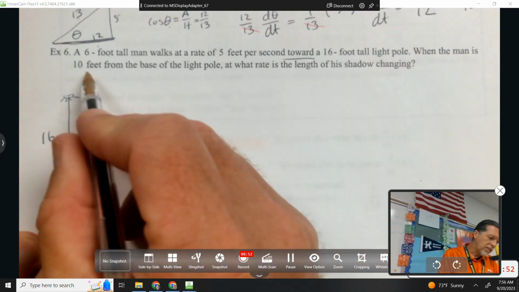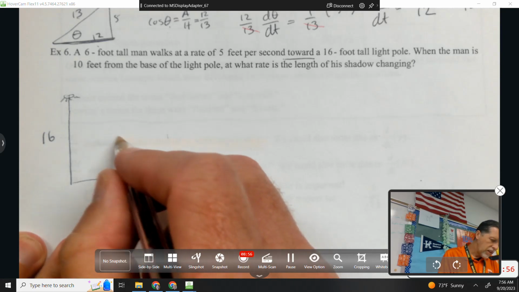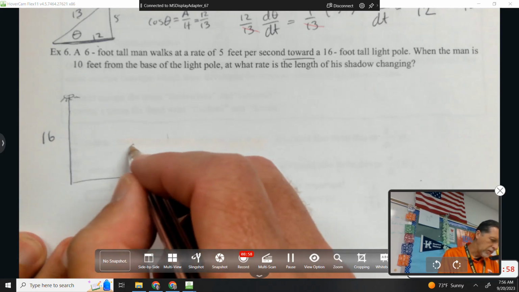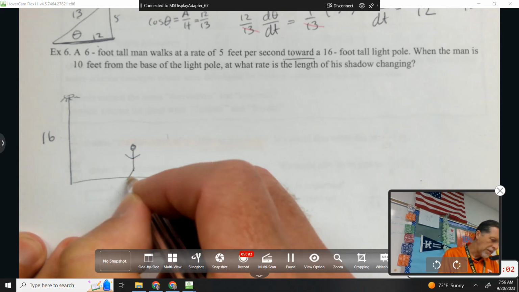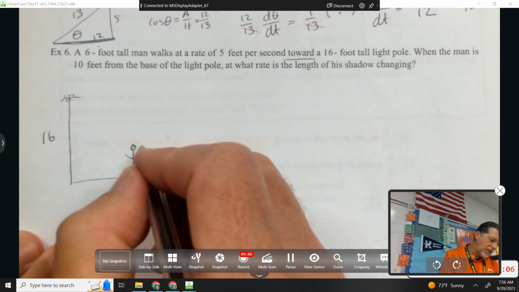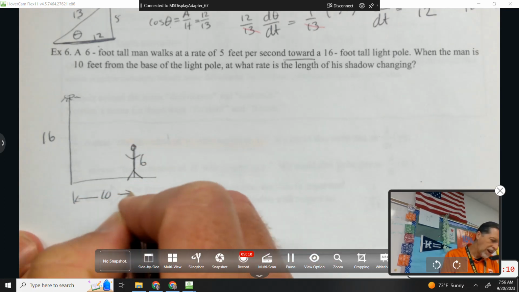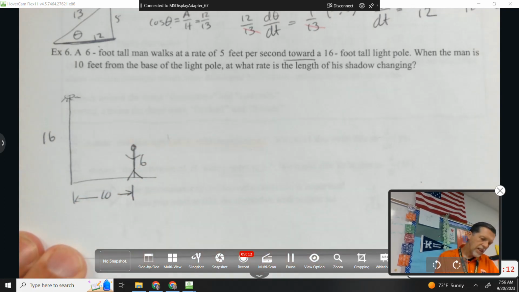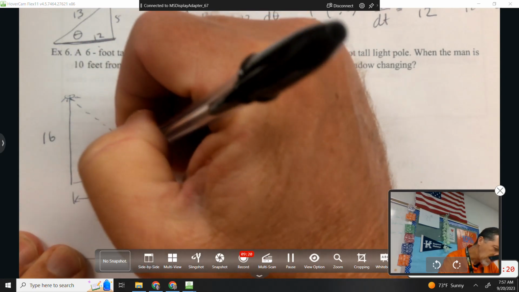When the man is 10 feet from the base of the pole, I'm trying to draw this sort of to scale. Not my man, he's not to scale of anything, but he's 6 feet tall. When he's 10 feet away, at what rate is the length of his shadow changing?